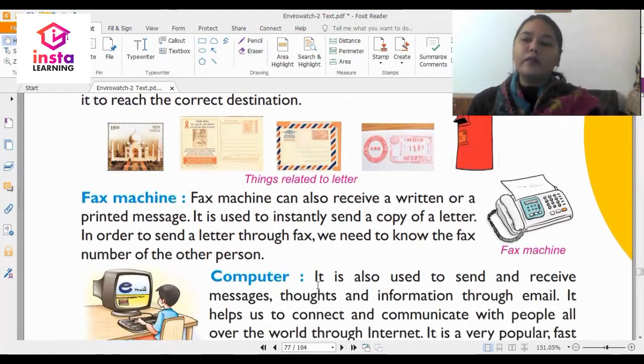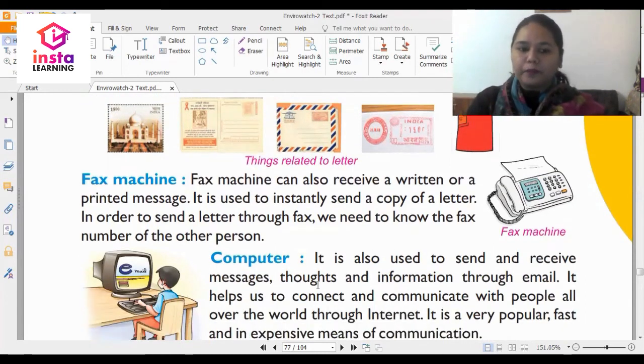So it's like on mobile phone, we send a message and we write the number or the name of the person to whom the message is to be sent. In fax, it's a letter that we write, but in order to send it to a person, you need the number. Like you need a phone number, you need a fax number. All right, and it reaches the person instantly.